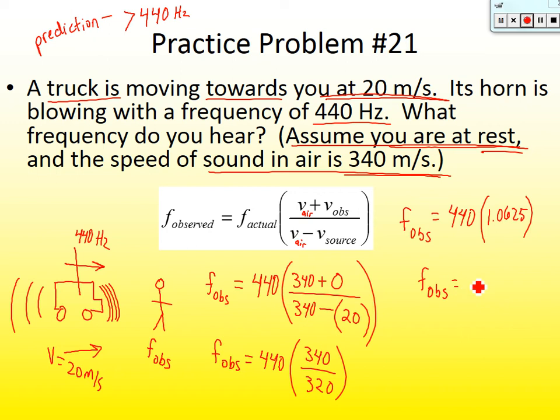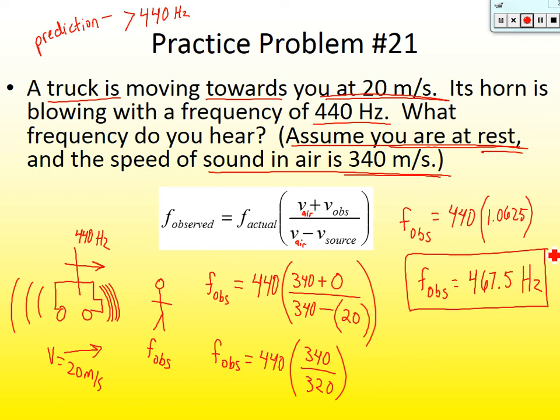So I've calculated that it is 467.5. And what are the units for frequency? Hopefully you're saying to yourself, they are hertz, or waves per second. So that's what it is quantitatively. Let's go back and compare that to what we predicted.